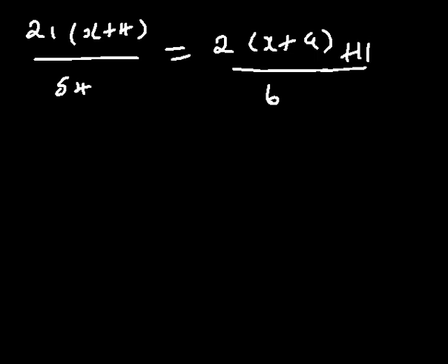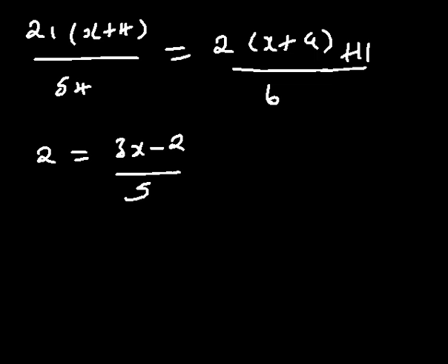So how do you think we should solve it? And also try, let's say, 2 is equal to 3x minus 2, divided by 5. How should you solve for x, as you can see.